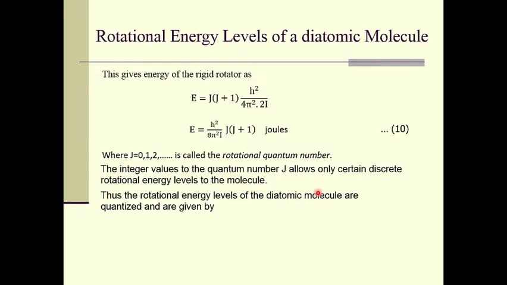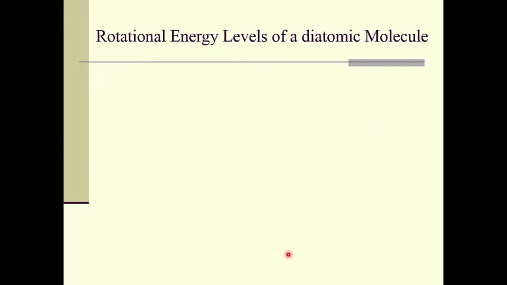Thus, the rotational energy levels of the diatomic molecule are quantized, and they are given by Ej. So each such level corresponds to each j value, and we write Ej is equal to h square upon 8 pi square I into j into j plus 1 in joules.